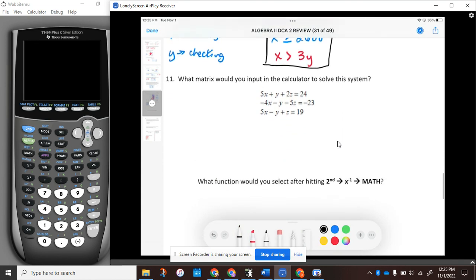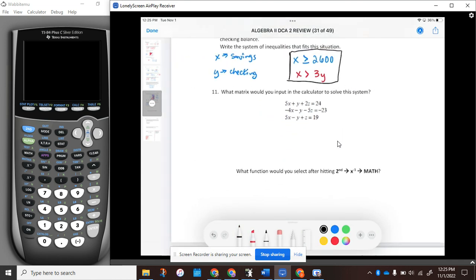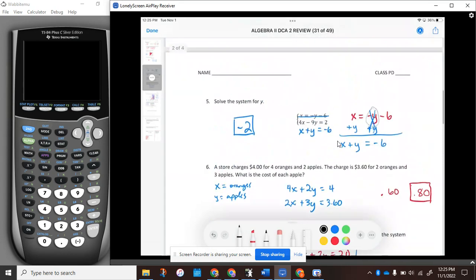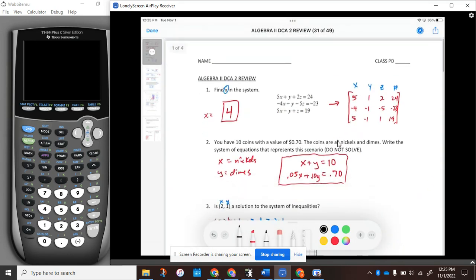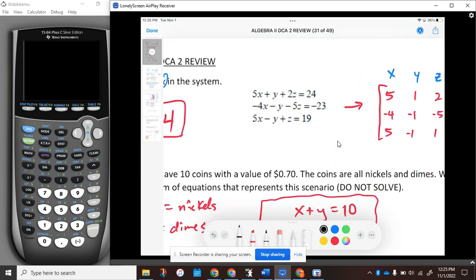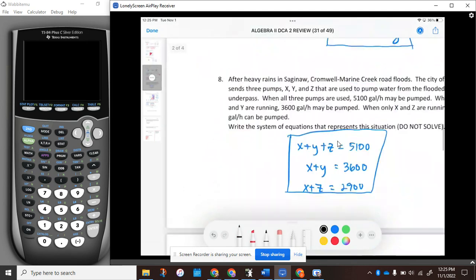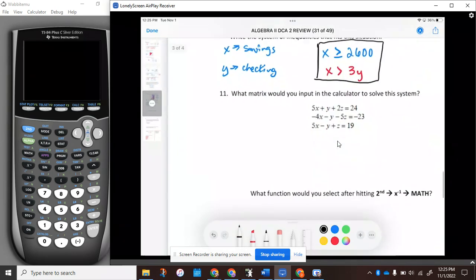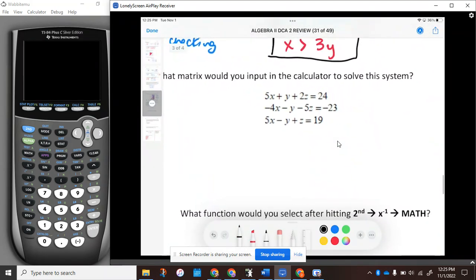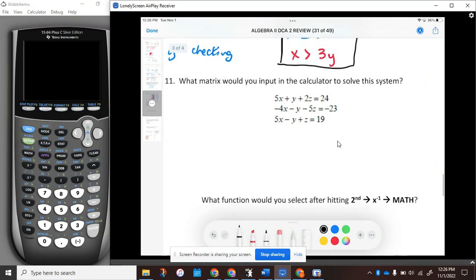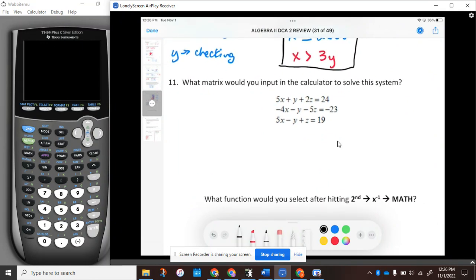Problem number 11. That is the same system that we had way back up here on problem number 1. You notice that problem right there, that 5x plus y, 2z, and all that? It's the exact same system that we have on number 11. All this problem is asking is what matrix you are going to put into the calculator. It's not asking you to solve it.